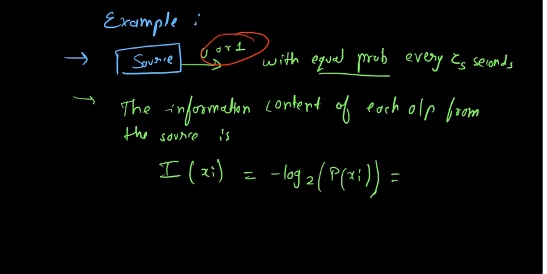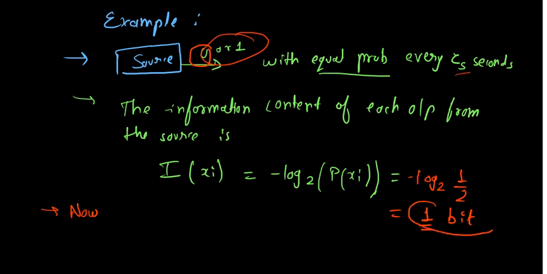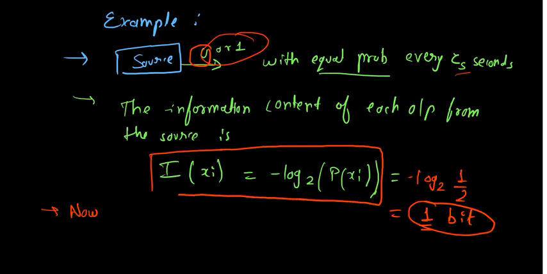So we get minus log to the base 2 of 1 by 2, which is nothing but 1. And in terms of bits, as I already said, we are getting just 1 bit, every tau seconds. So this is our valid intuition that we developed using the logarithm to base 2, right?